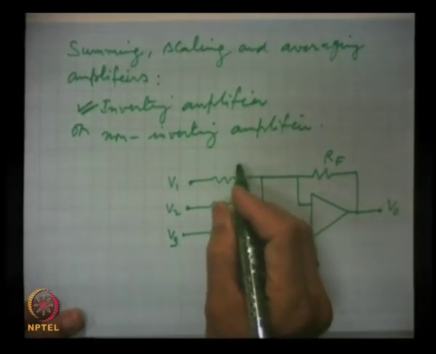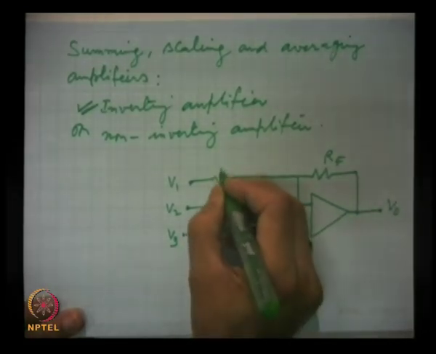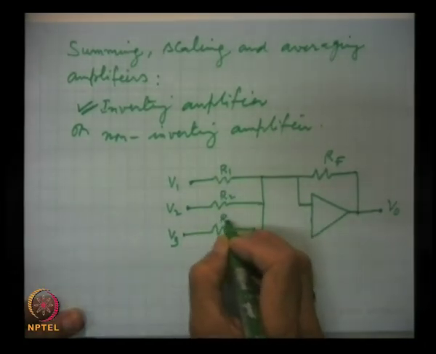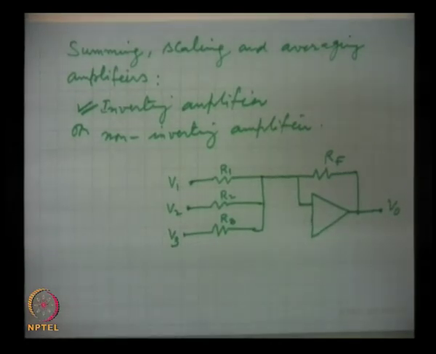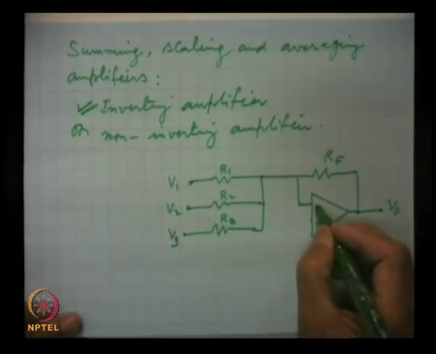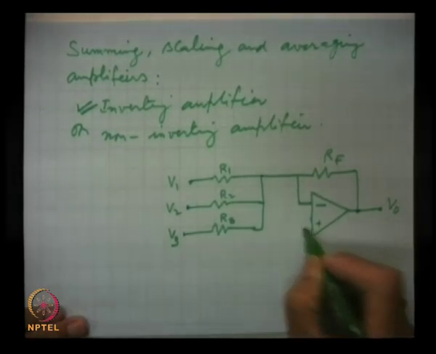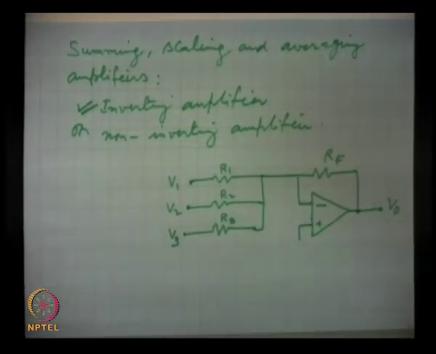and RF, and this is R1, R2, R3, and this is the inverting input and this is non-inverting input. So far we have been connecting it to ground, but now we introduce another concept.